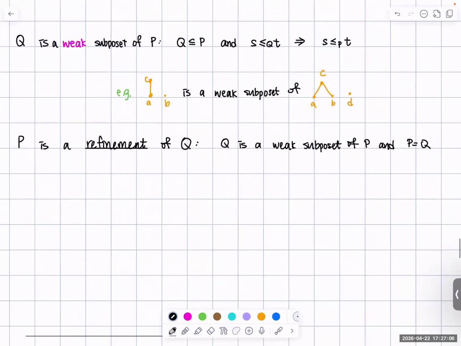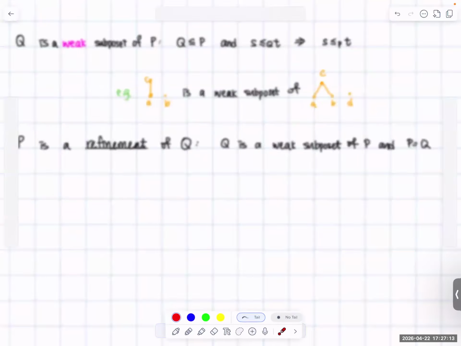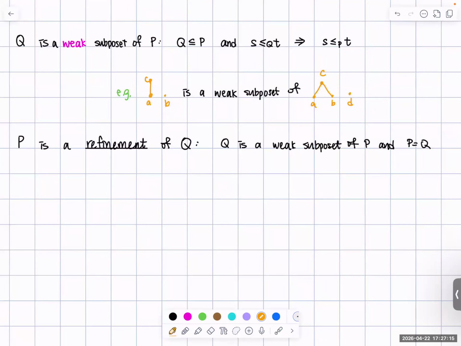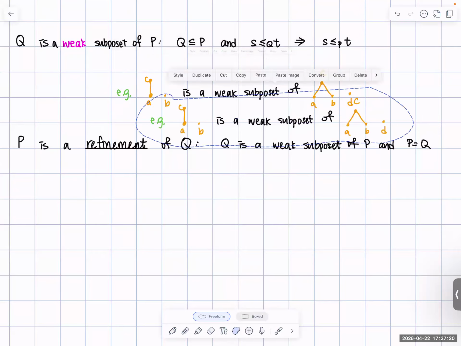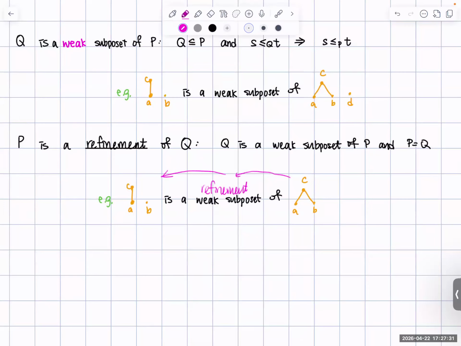For example, the previous one is not a refinement because Q and P are not the same set. But if I remove the D from here, then it is a refinement. So this is a refinement of this one, right? And why is it called refinement? Because you put in more stuff.